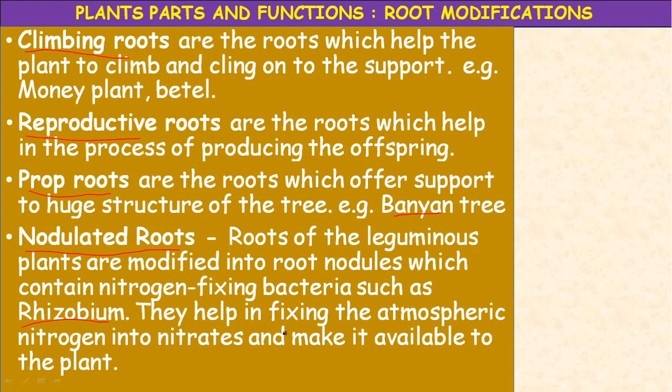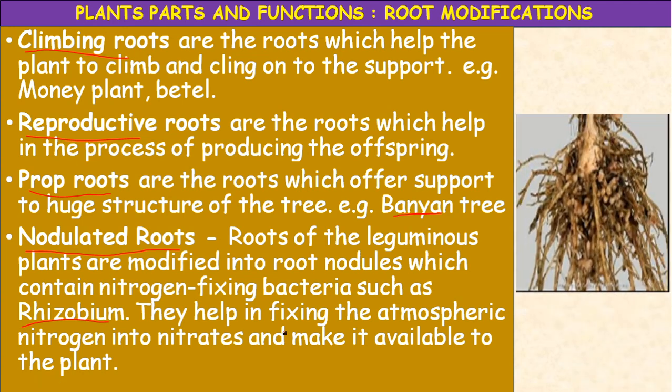What is that bacteria? Rhizobium bacteria, nitrogen fixing bacteria it is called. So here, see, these are the nodulated roots of groundnut plant or any leguminous plant. These nodules contain bacteria that help in the nitrogen fixation.